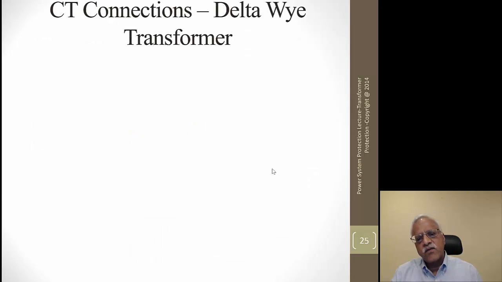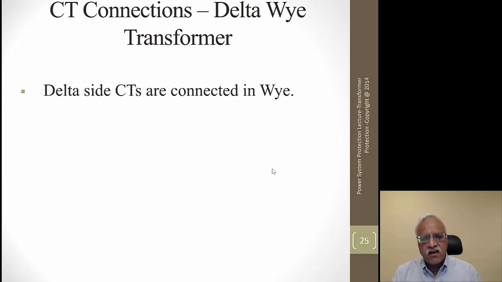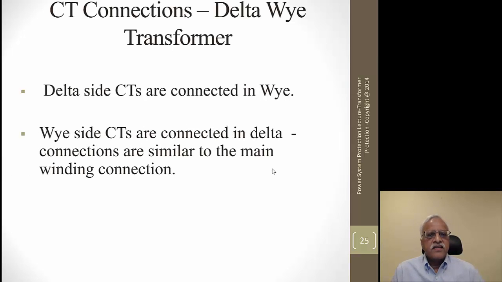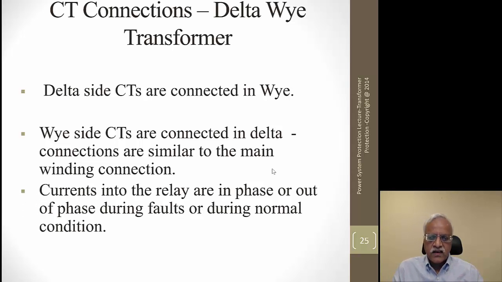CT connections, delta Wye transformers. If we recall now, just to summarize this: delta side CTs are connected in Y, and then Y side CTs are connected in delta, similar to the main winding, but in opposite directions. A delta Wye transformer has Y delta CT connections on each side of this. Currents in the relay are in phase or out of phase during faults or during normal operating conditions.